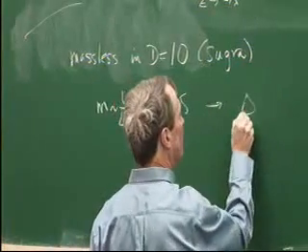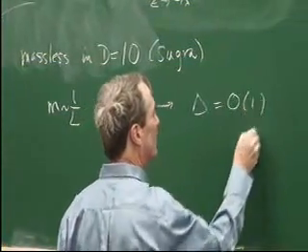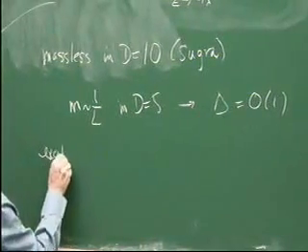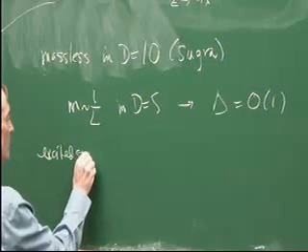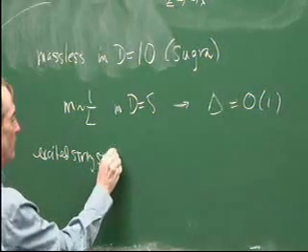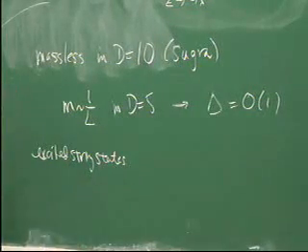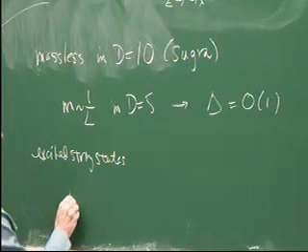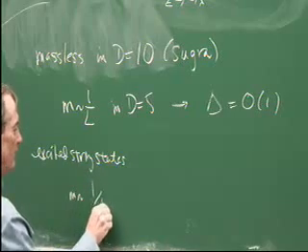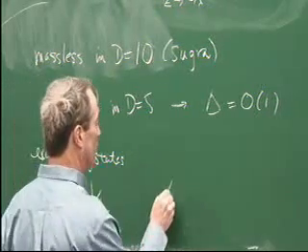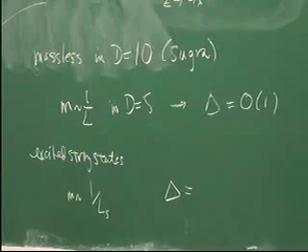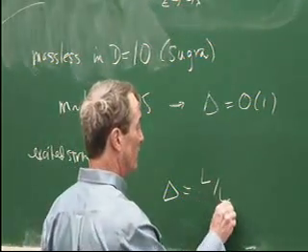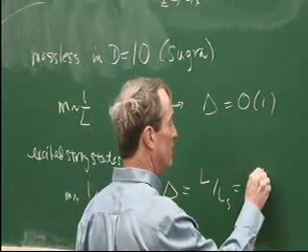which means that delta is of order 1, whereas excited string states have masses of order 1 over the string scale, and so delta is then of order L over L string, which is the 't Hooft parameter to the quarter.